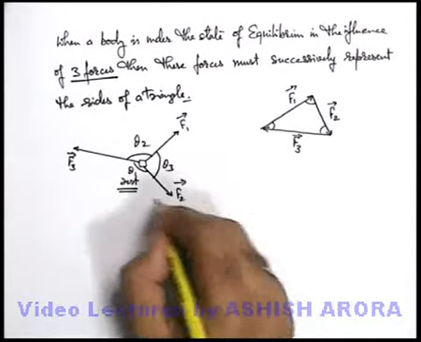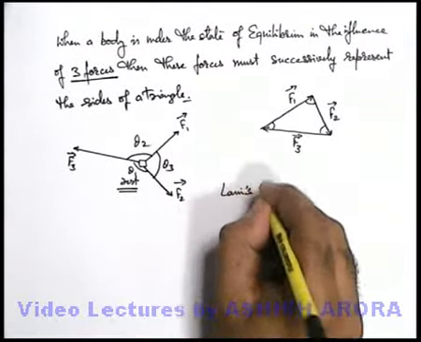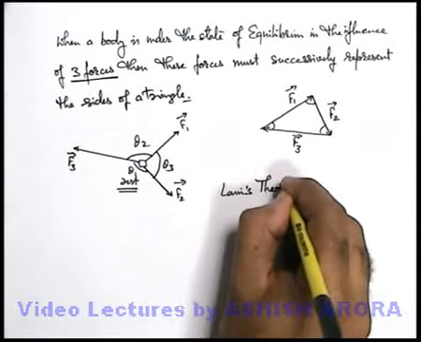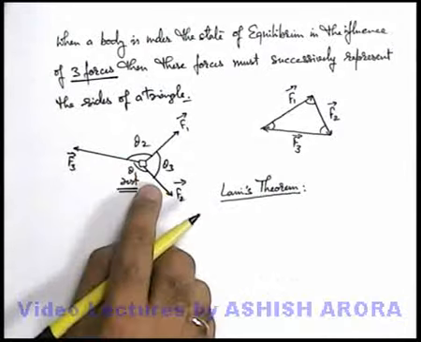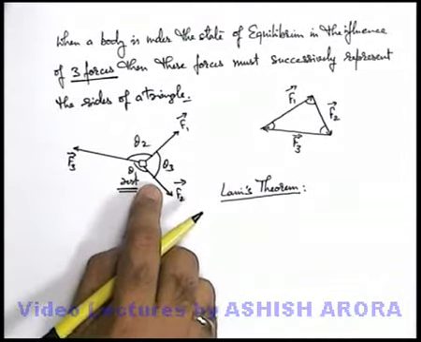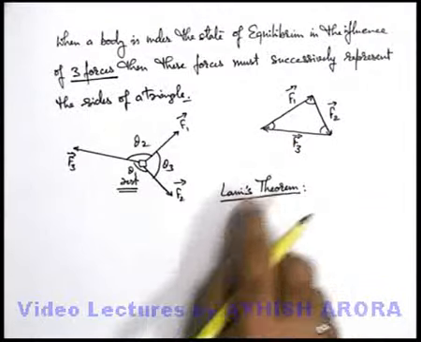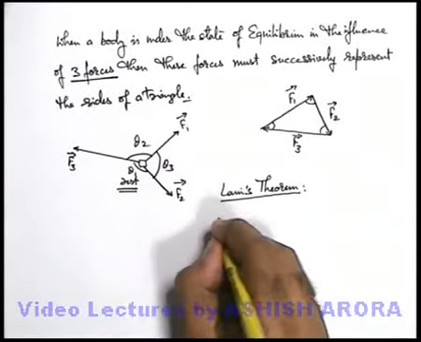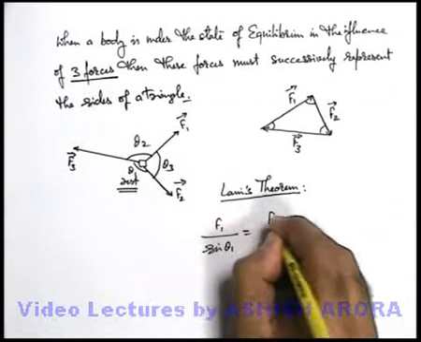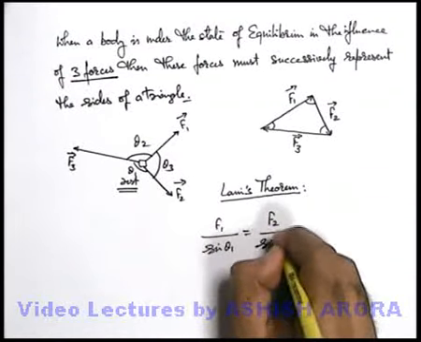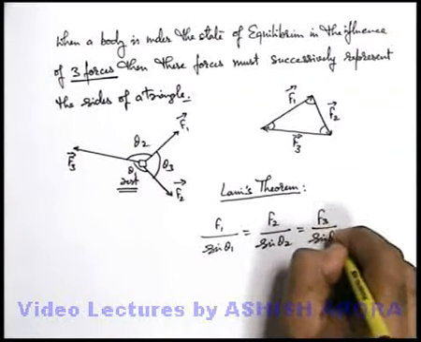So in this situation, we define a separate theorem which we call Lami's theorem, which relates the forces with the angle between the direction of force vectors, and this is indirectly the sine rule applied on the triangle, and it can be mathematically written as f1 upon sine theta 1 is equal to f2 upon sine theta 2 is equal to f3 upon sine theta 3.